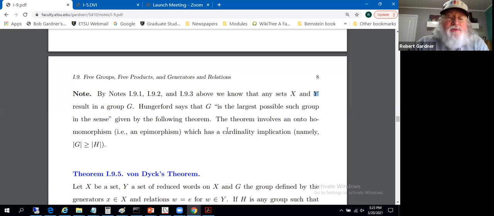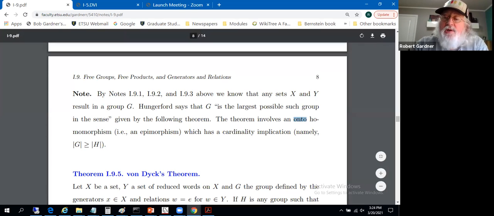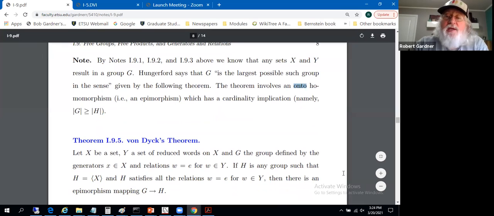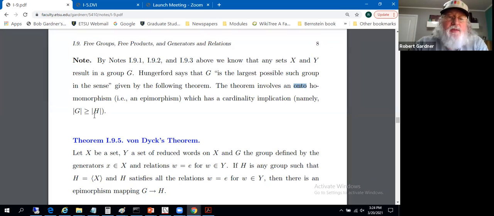The theorem involves an onto homomorphism, and merely the fact that it's an onto function from one set to another has a cardinality implication. If we have a mapping from set G to set H that's an onto function, then this is a cardinality relationship that holds, the very definition of cardinalities being greater than or equal to, in fact.